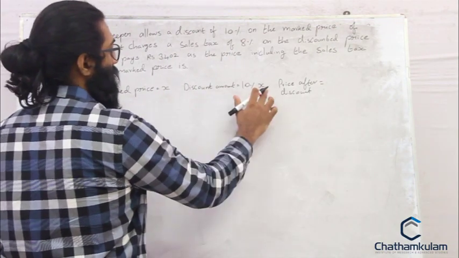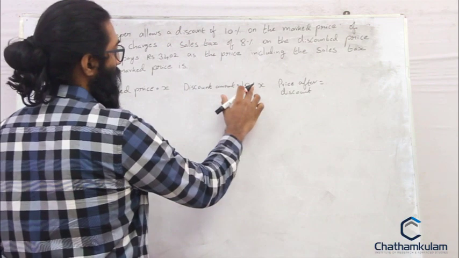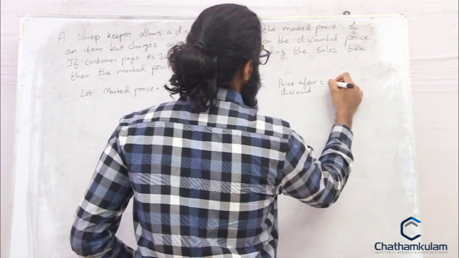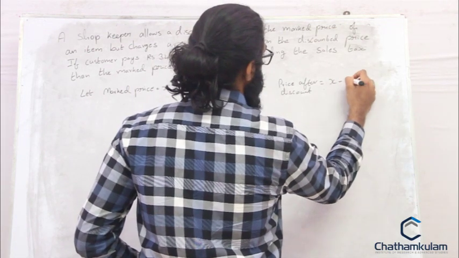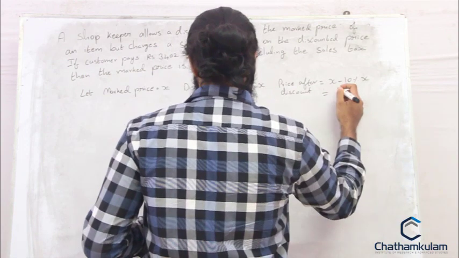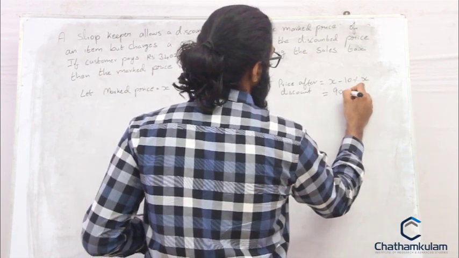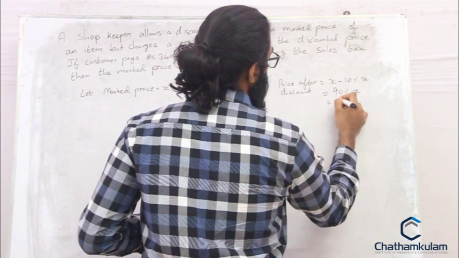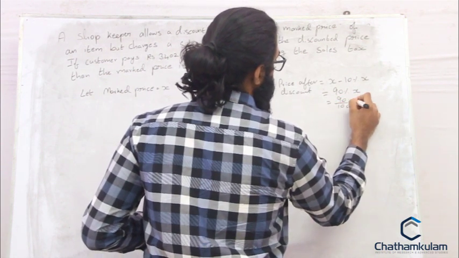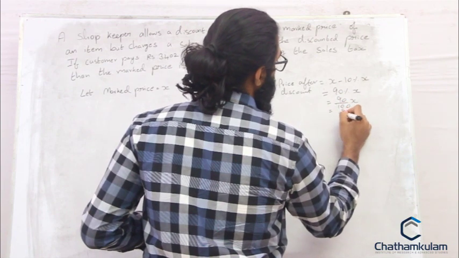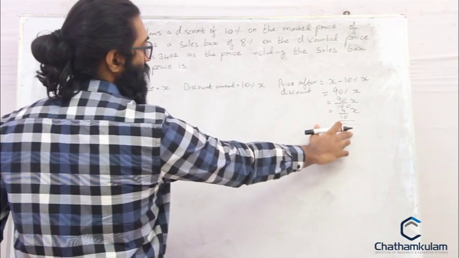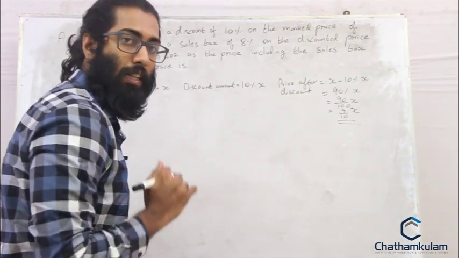So we subtract 10% of X from X. So we get X minus 10% of X, which will be equal to 90% of X. That is 90/100 X, which is equal to 9/10 X, right? So this is our price after the discount.